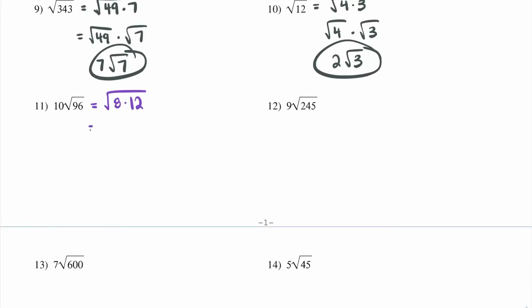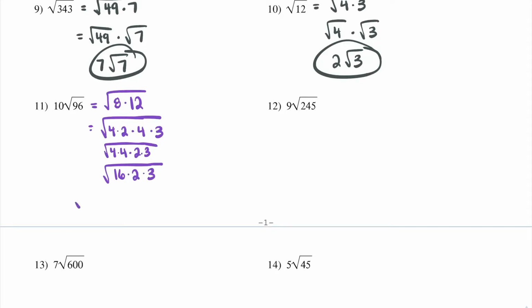I could do 4 times 2 for 8, and then I kind of want to stick with 4s. Yeah, 4 times 3, and I'm going to rearrange this so that my 4s are together. So 4 times 4 times 2 times 3. And then, hey, look at that. I have a perfect square now. 4 times 4 is 16, and then I have this times 2 times 3.